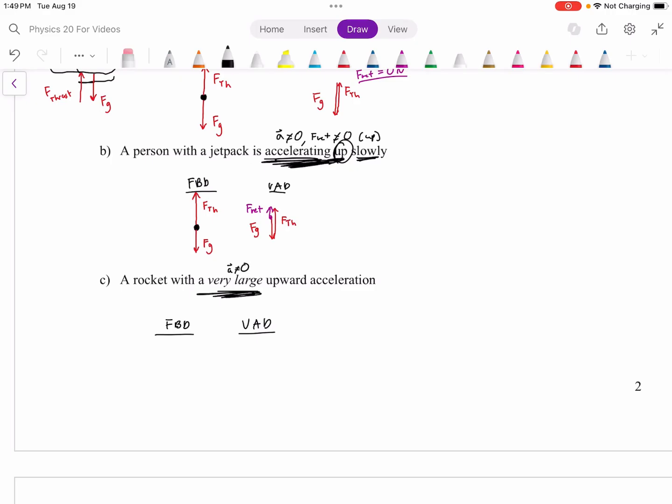So there's still going to be a net force upwards, right? But it's going to be bigger than it was in example B, right? So for our free body diagram, I'm going to give myself some room here.